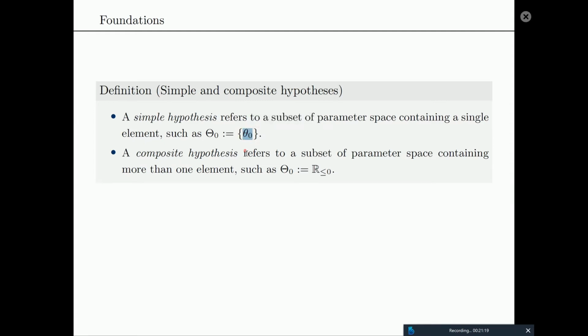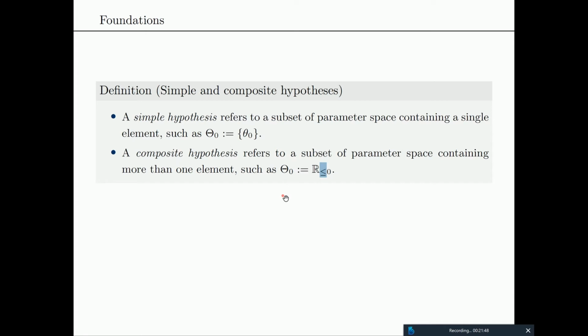We're mainly talking about scalar parameters here, although this doesn't necessarily need to be the scalar case. Composite hypotheses refer to a subset of the parameter space that contains more than one element, for example the null hypothesis that a given parameter is smaller or equal to 0. That would be a null hypothesis that has multiple elements.